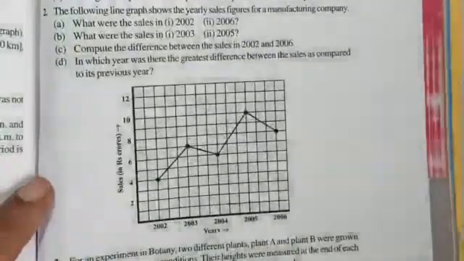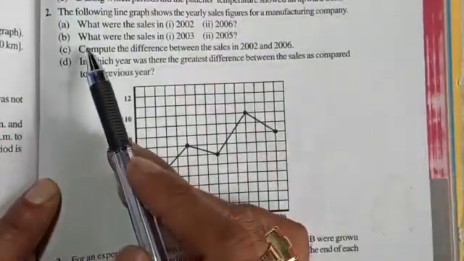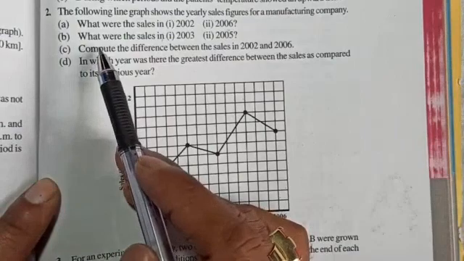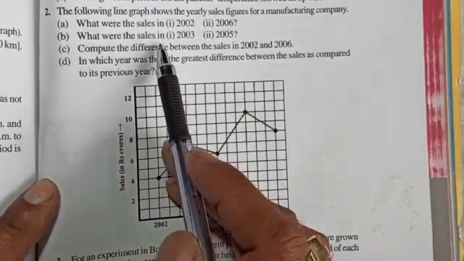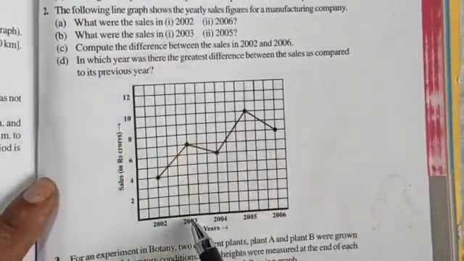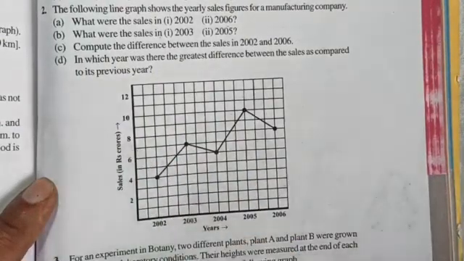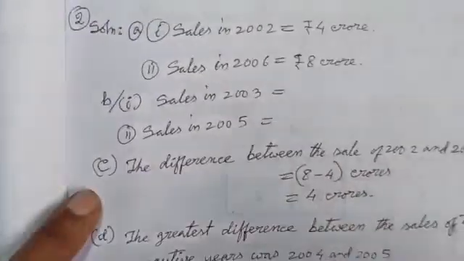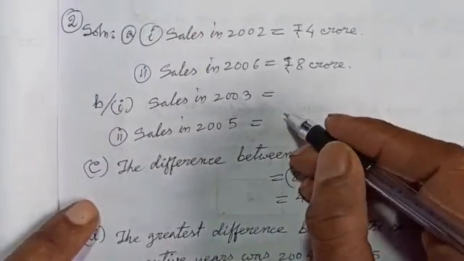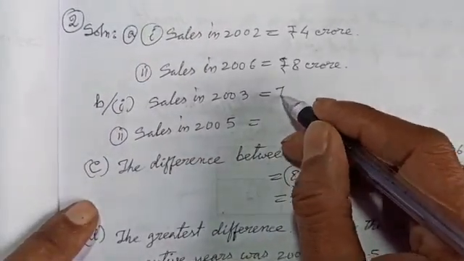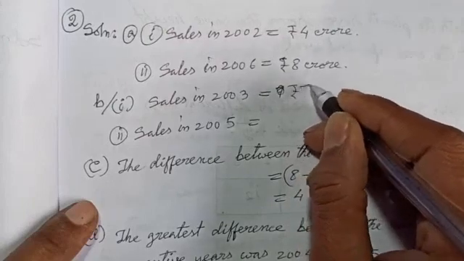Now B. Question number B. What were the sales in 2003? So in 2003 the sale is 7 crore. So rupees 7 crore.